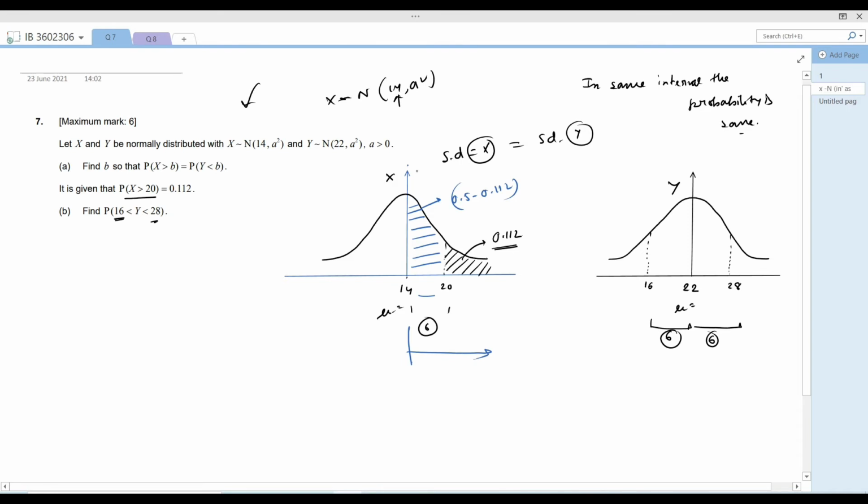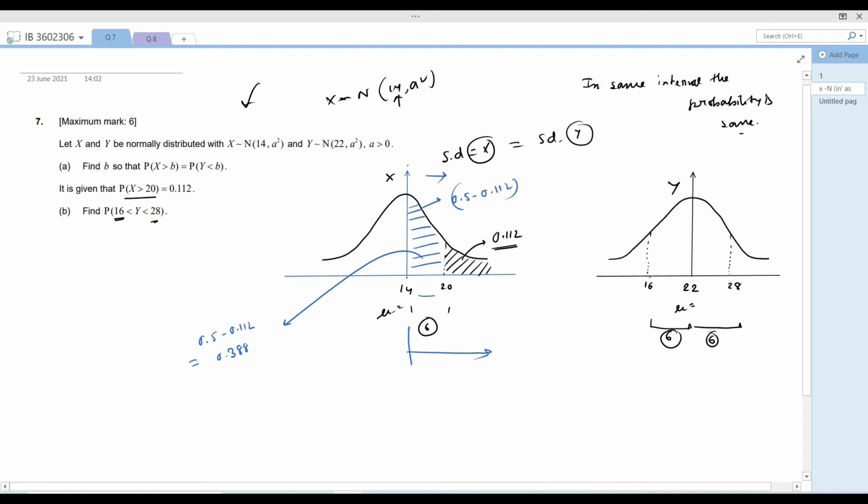That's why this complete part has probability 0.5 and this part has probability 0.112. So the probability from 14 to 20 will be this portion. If you calculate 0.5 minus 0.112, the probability is 0.388. Okay, now we just need to apply the same thing in this graph.